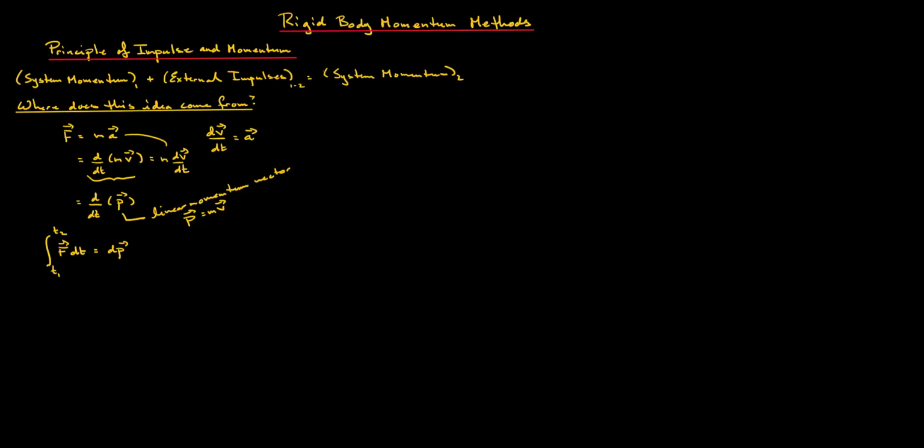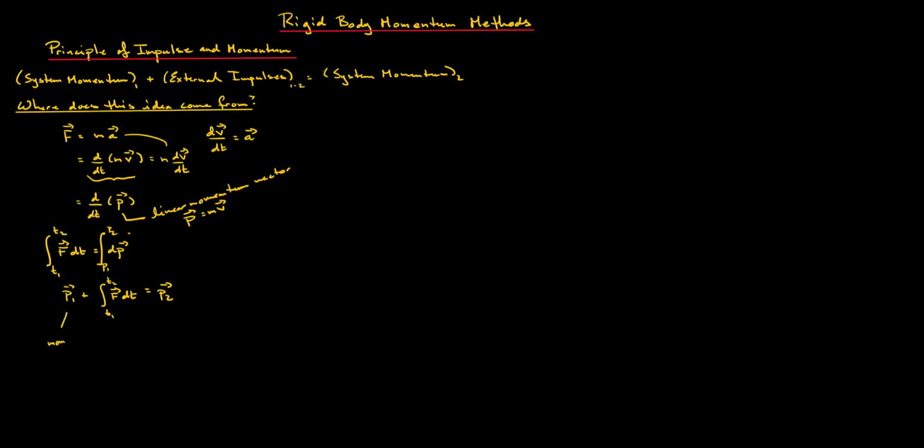So what this is going to give us is p1 plus the integral from t1 to t2 of F dt is equal to p2. So this one up here would be integrated between p1 and p2. Okay. So this is our principle of impulse and momentum.